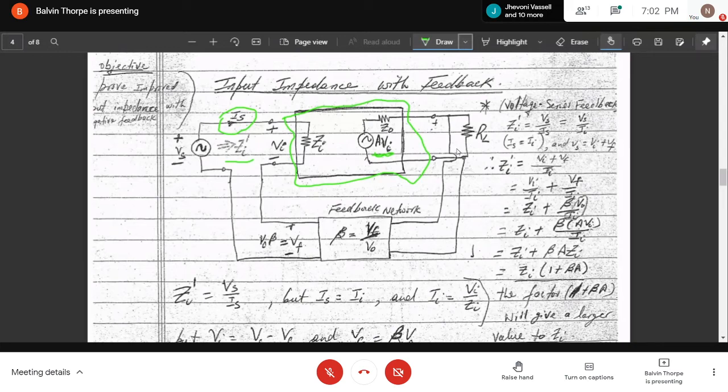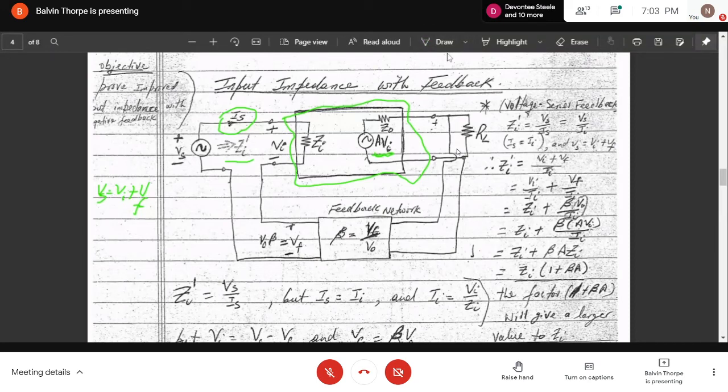Would you agree with me also, and we did this already, that VS equals VI plus VF? Yes, sir.